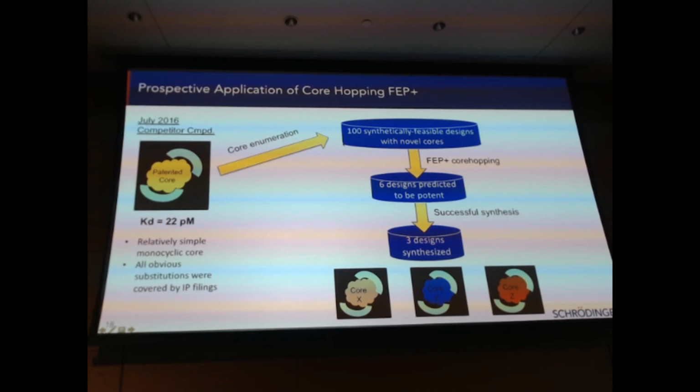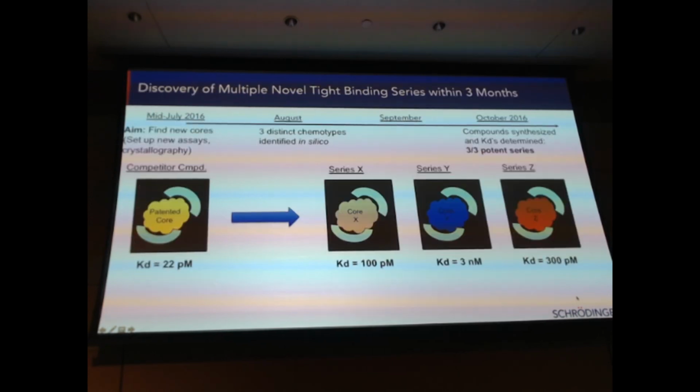computational tools, enumerated 100 synthetically feasible novel cores, and then used FEP, core-hopping FEP, to calculate the binding affinity for those 100 molecules. Based on the calculation, 6 of the molecules were flagged to be synthesized, and the collaborator managed to synthesize 3 of the compounds. And here are the results.